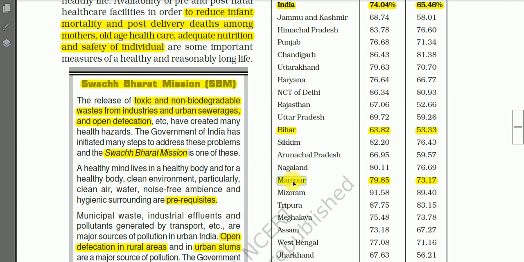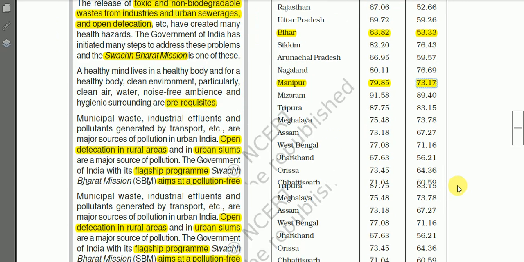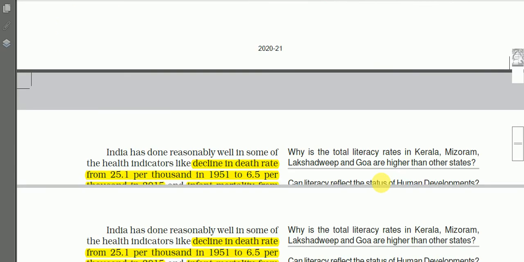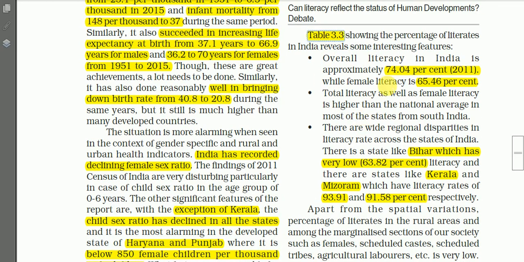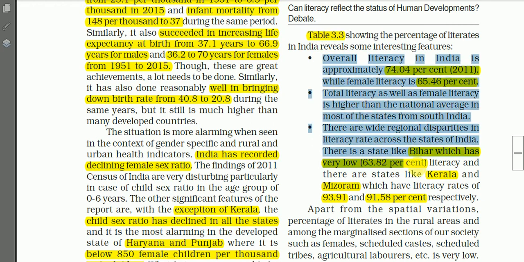Then our state Manipur has a literacy rate of 79.85 and female literacy 73.17. And we have already read table number 3.3, so you will find these features there. If you read table number 3.3, then you will find these features. What are those features? Let us read.